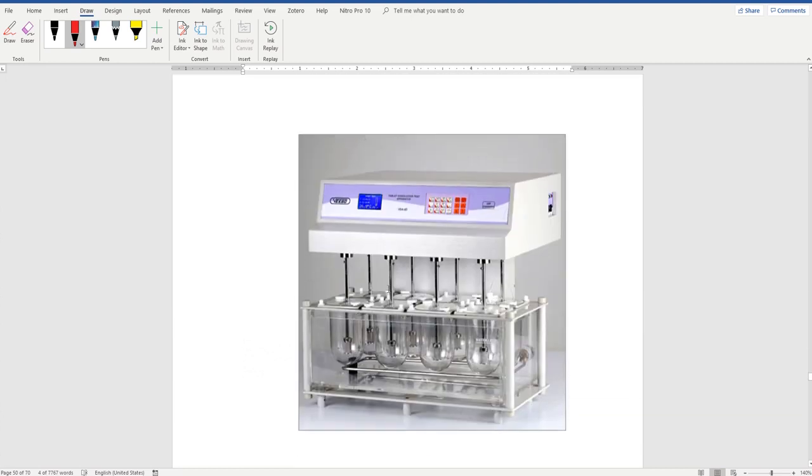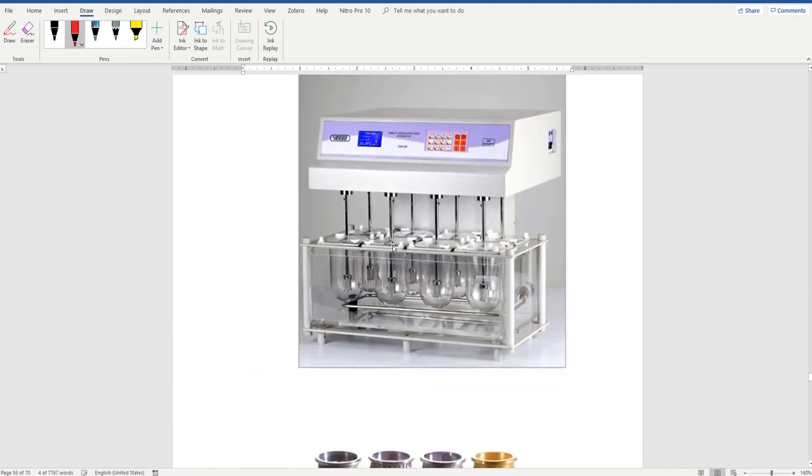So if we go back, you will see that each vessel will be almost completely closed with a cover to prevent the evaporation of water and at the same time to maintain the temperature inside. طيب. Now this shaft rotates, so you need to set the speed of shaft rotation.